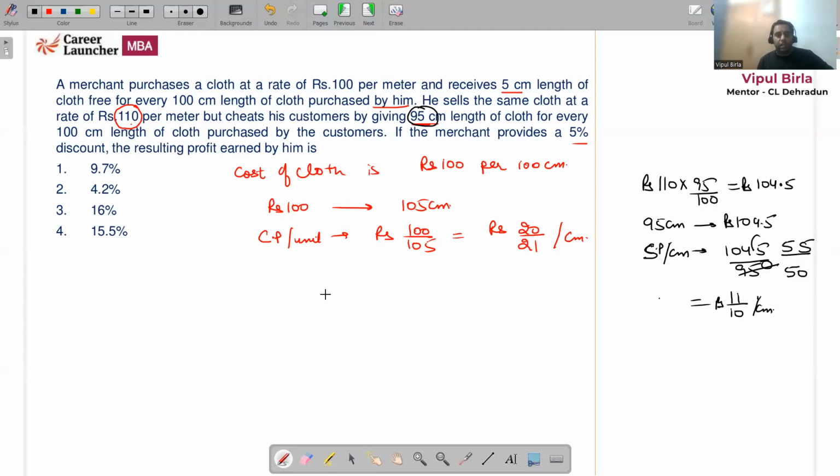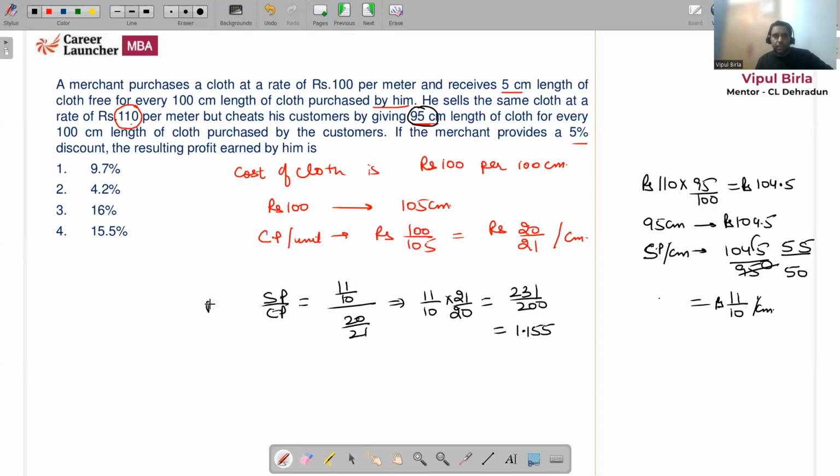So in order to identify the profit, I know the multiplying factor, which is SP upon CP. That's going to be nothing but 11 by 10 upon 20 by 21, which is equal to 11 by 10 into 21 by 20, which is 231 upon 200, which is coming out to be nothing but 1.155.